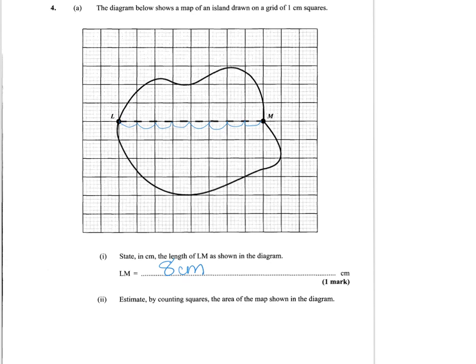The second one, they want us to estimate by counting squares the area of the map shown in the diagram. So we could start off counting the whole squares.